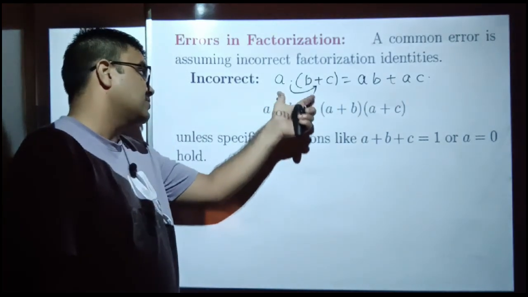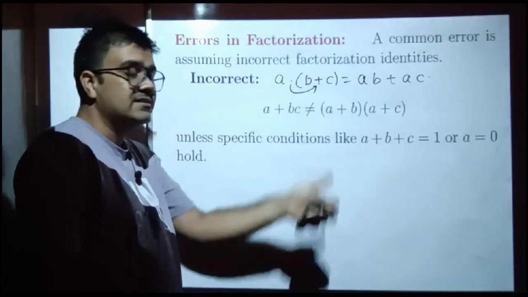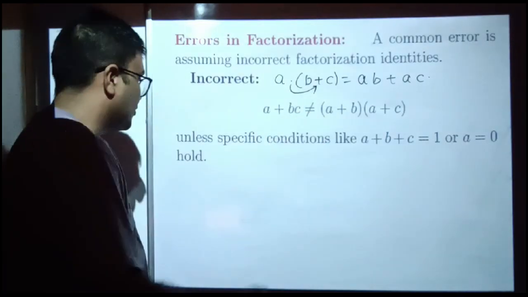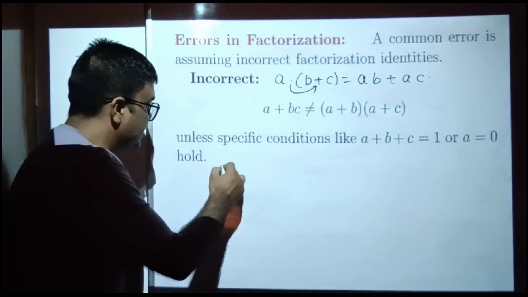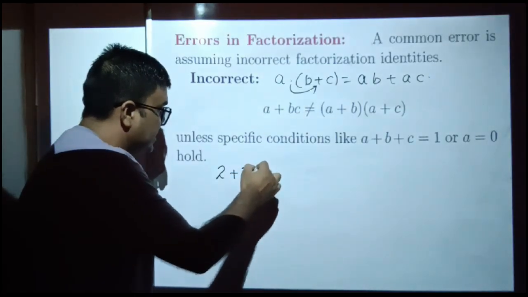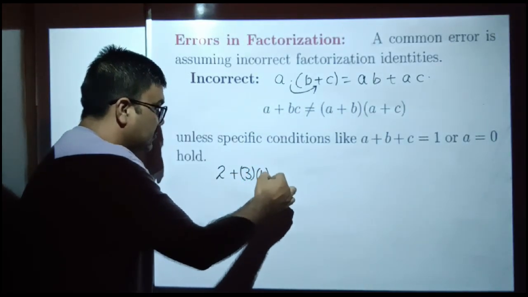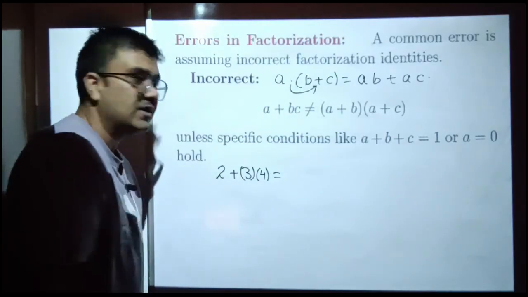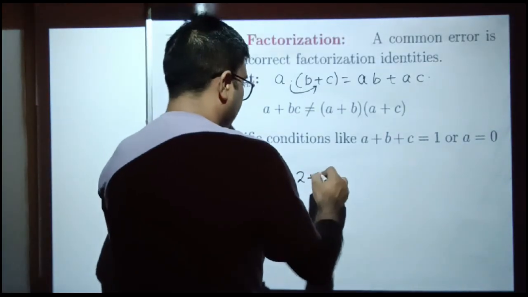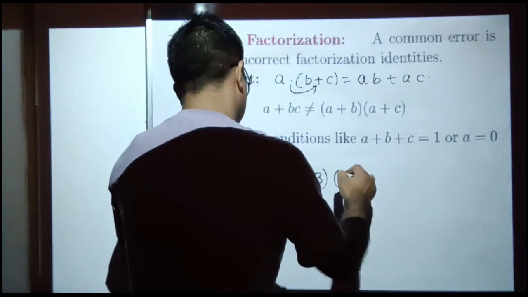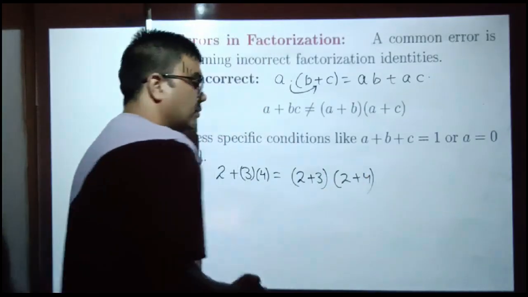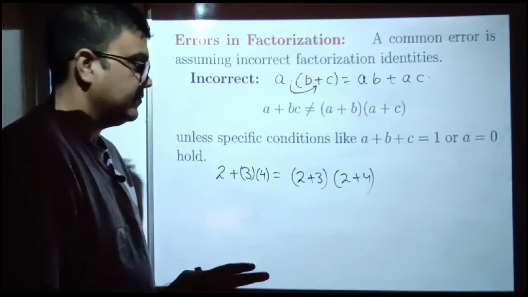Sometimes it is observed that students apply the property that addition is distributive over multiplication. I am talking about this case. Suppose we have 2 plus 3 into 4. They write it as 2 plus 3, 2 plus 4. This is incorrect.